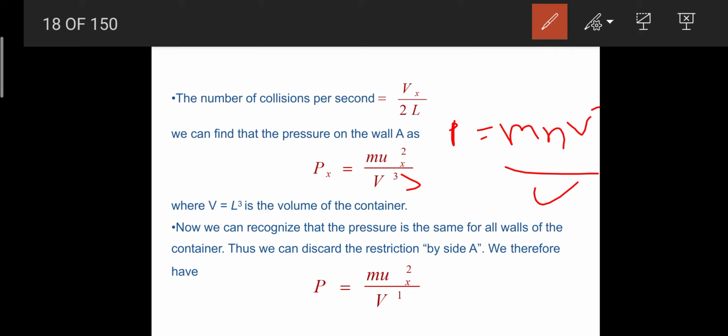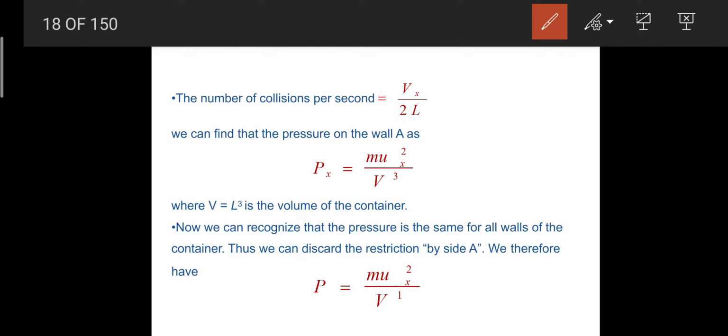Now we can recognize that the pressure is the same for all the balls. They are moving elastically and not changing their path or their kinetic energy, and that is why whatever the pressure is throughout the cube, it is going to be constant and conserved. That is why instead of writing v cube we write v only.